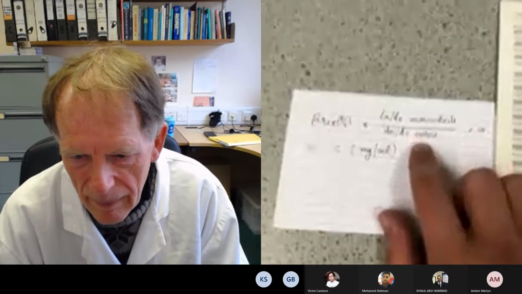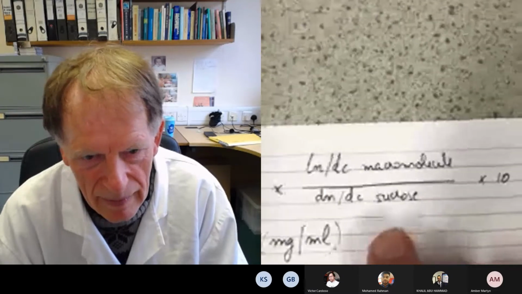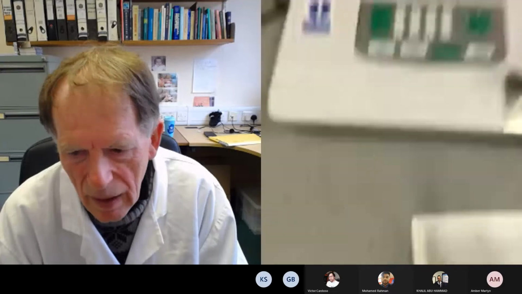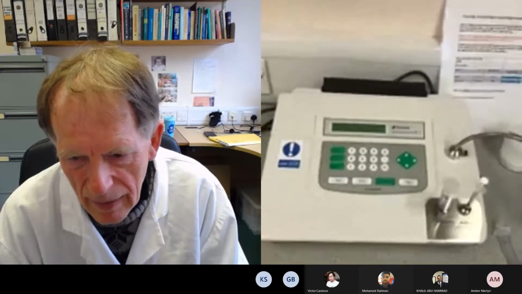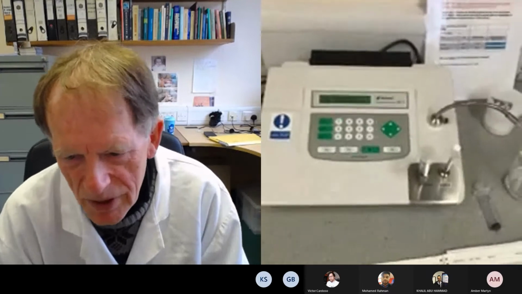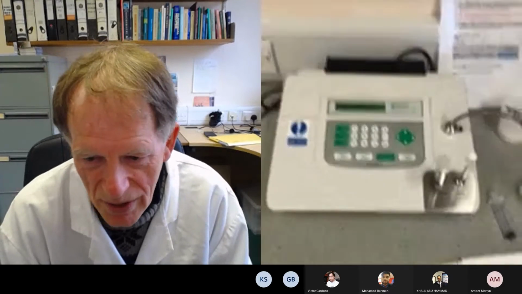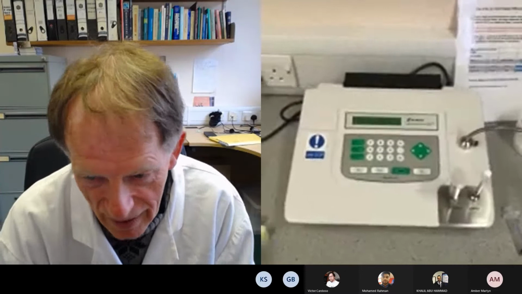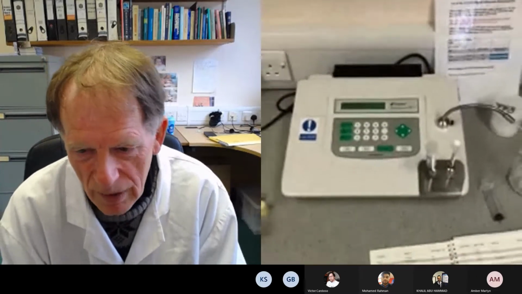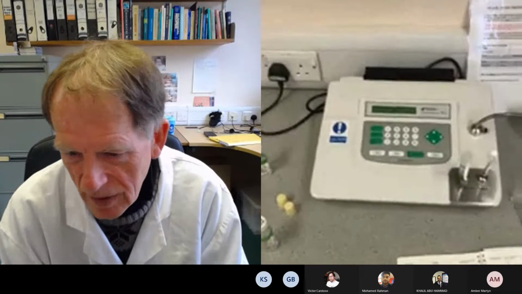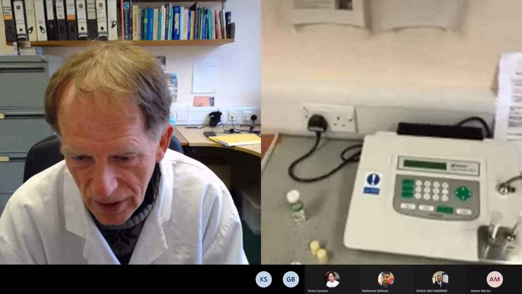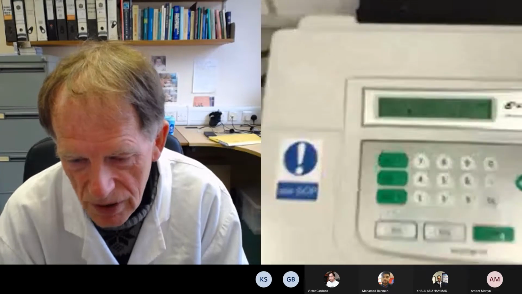And we also have this calculation here where we divide by the DNDC of the sucrose, because that's how this particular instrument works. The instruments are usually set up with an industrial bias, and refractometers are commonly used in the food industry, for example, to measure the concentrations of sugar solutions.